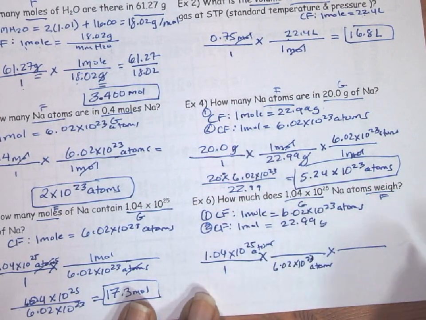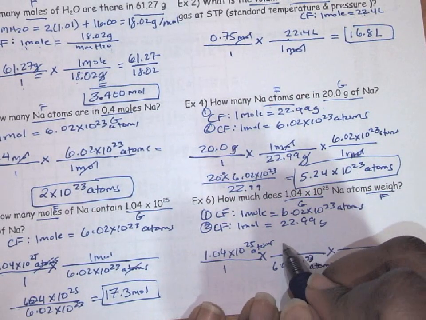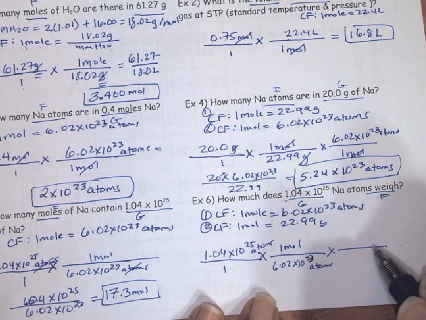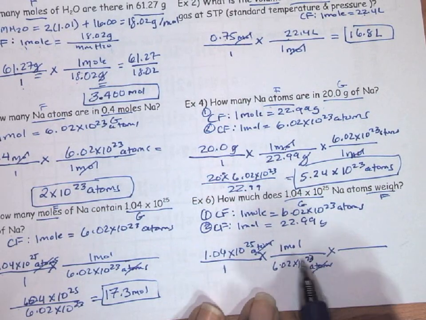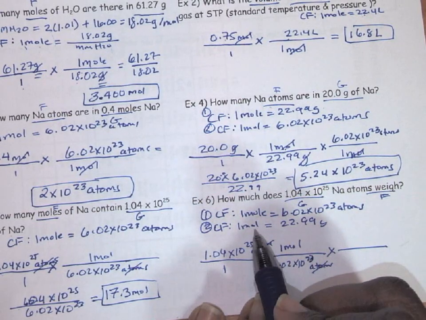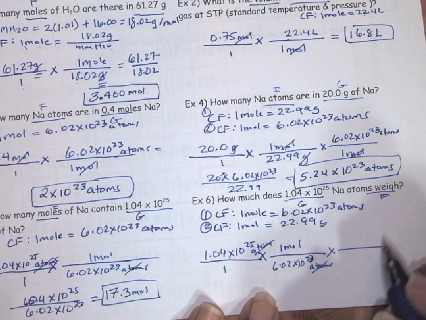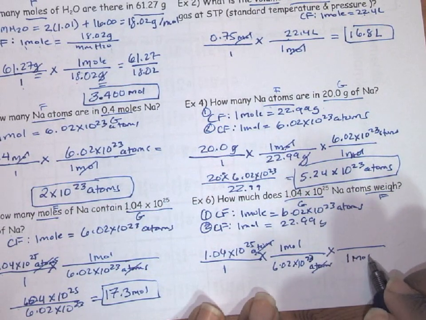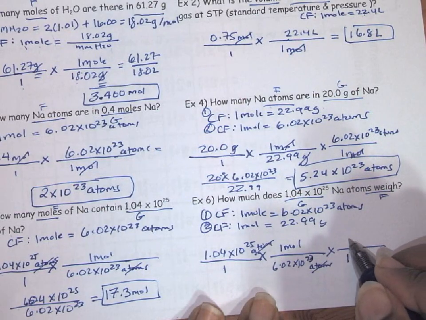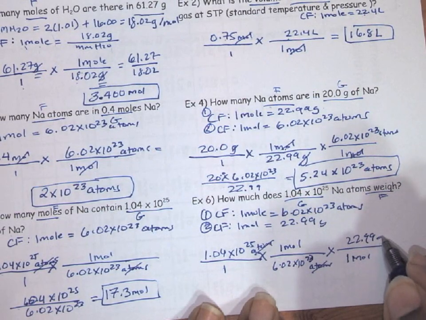That's 6.02 times 10 to the 23, and then 1 mole on top. So my atoms have canceled out, and I have moles left now. In order to cancel that out, I need the mole part of that second conversion factor. 1 mole equals the molar mass. I'll put the 1 mole on the bottom so the moles can cancel out, 22.99 grams on top.